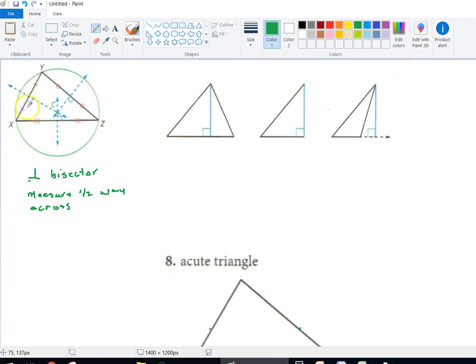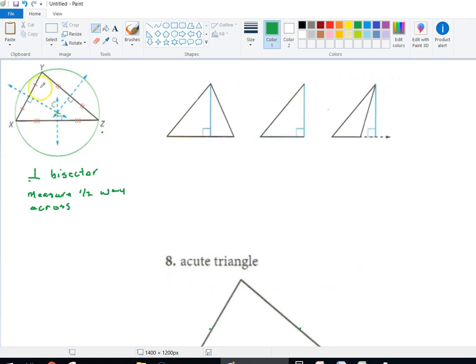With your protractor on this segment, even if you have to go outside of the triangle, mark the point where 90 degrees is, and then draw a line from the middle of this side to the 90-degree mark. You'll have a line that goes across like this, and it will have divided both of these, and it will be 90 degrees.